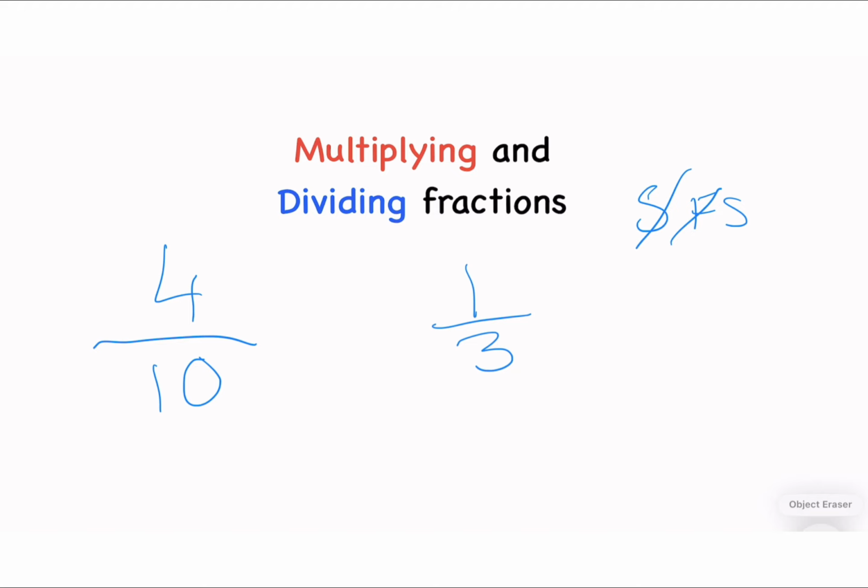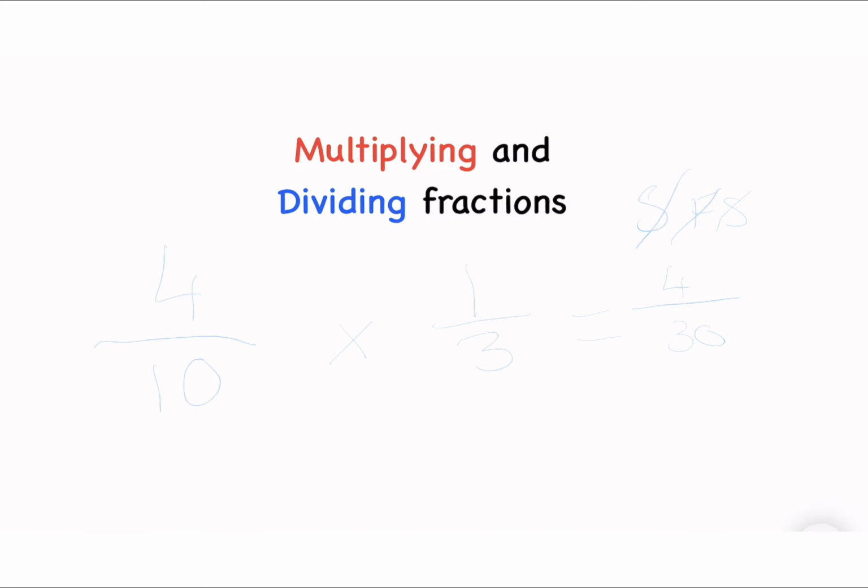So instead of a division question, I switch it to a multiplication question. So now I can just simply do my multiplication. 4 times 1 is 4, 10 times 3 is 30. So my answer to 4/10 divided by 3 is 4/30.